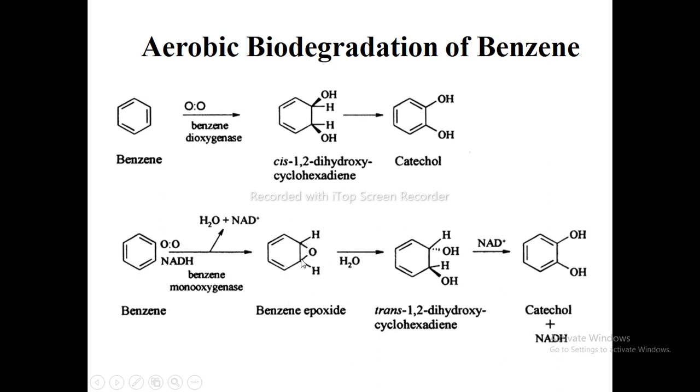So an epoxy compound intermediate is formed that ultimately is hydrolyzed into the same dihydroxycyclohexadiene. Right. Further conversion will be in the form of catechol. Right. So catechol is the final product, which will further be degraded by other enzymatic reactions.